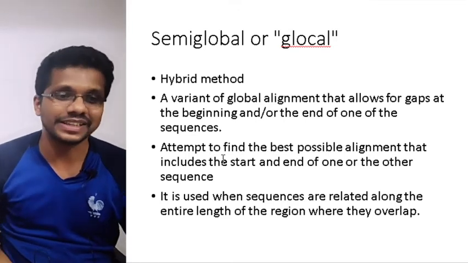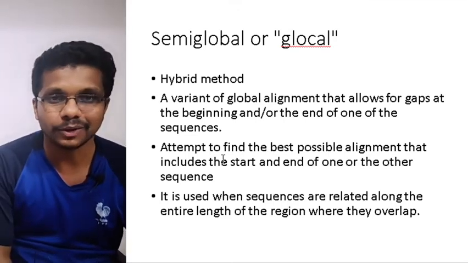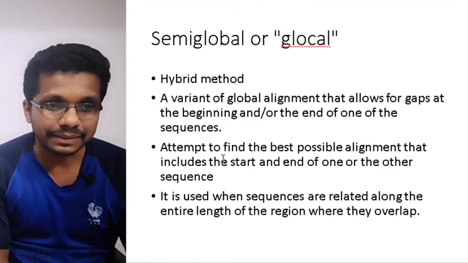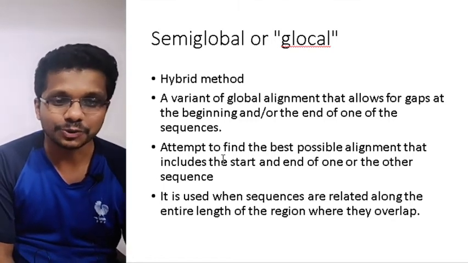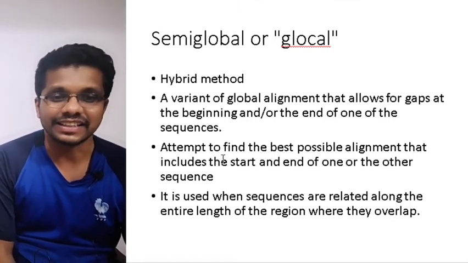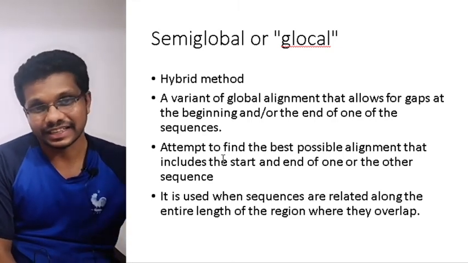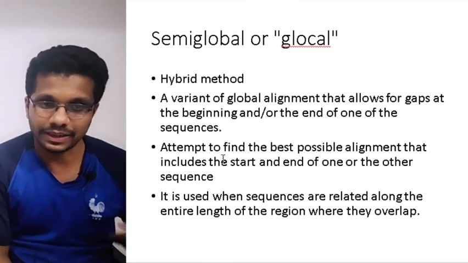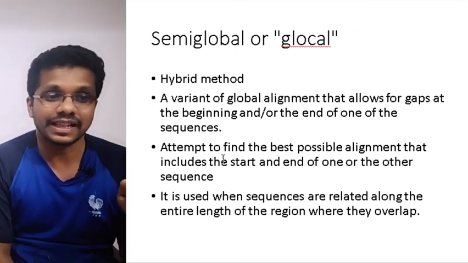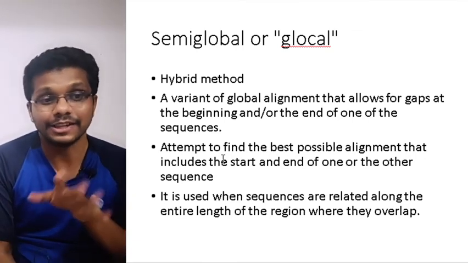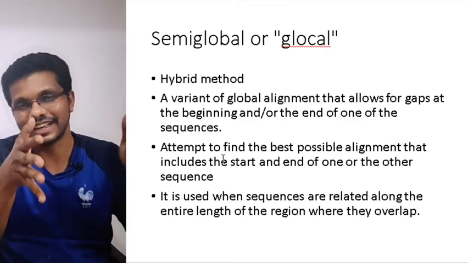And there is a combination of the two, that is semi-global or global alignment. It's a hybrid method. It looks for global alignments, but gaps are allowed at the beginning and/or the end of the sequences. We cannot put a gap in between.